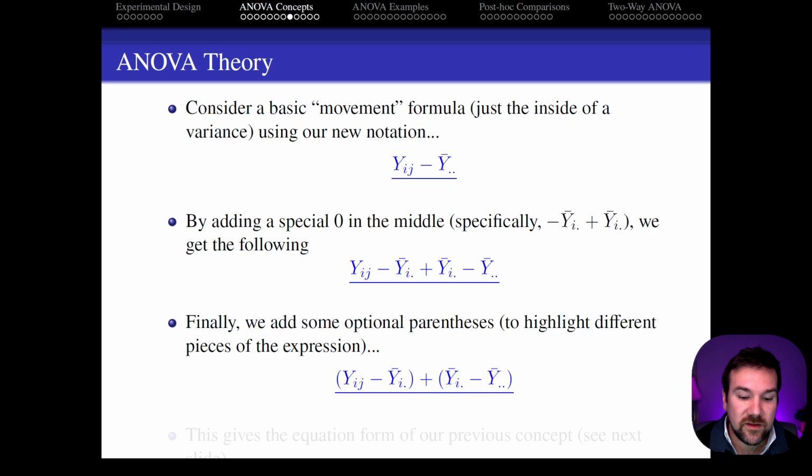What we have here is yij minus yi dot bar. This is the distance between any point and its group mean, that is the mean of group I. Then I have yi dot bar minus y dot bar. This is the distance between the group means and the grand total mean.